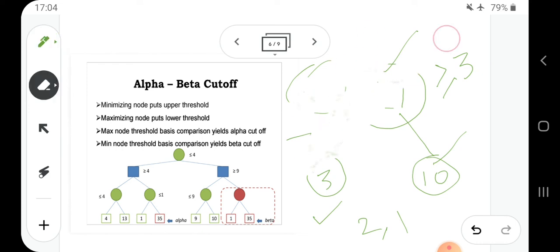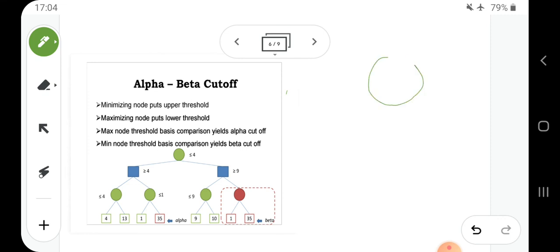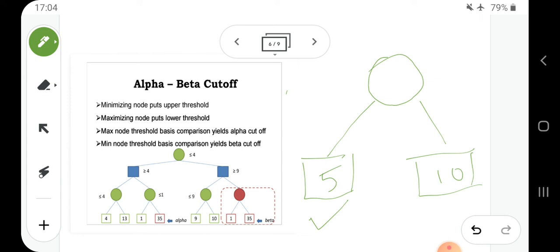Now a similar concept is also applicable for the minimizing node. Suppose in this node we have values like 5 and 10. When we evaluate 5, we can say that this particular node will always return at most 5 or something less than 5.